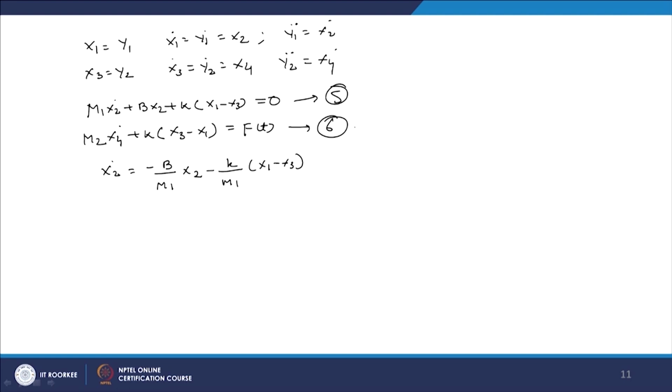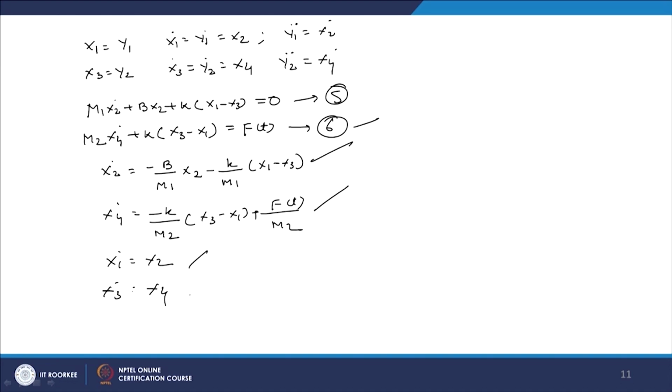And similarly from equation 6 we can write x4 dot equal to minus k by m2 into x3 minus x1 plus f of t by m2. And we have taken x1 dot equal to x2 and x3 dot equal to x4. So here we have got x2 dot, x4 dot, x1 dot and x3 dot.